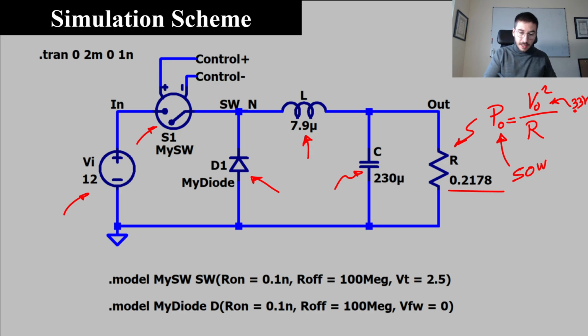More comments. I'm going to simulate the circuit during 2 milliseconds. The maximum time step is 1 nanosecond to have good resolution in the waveforms. And more things. I'm going to define 3 nodes of the circuit with a particular name. I will call this node in, I will call this node out, and this is the switching node.